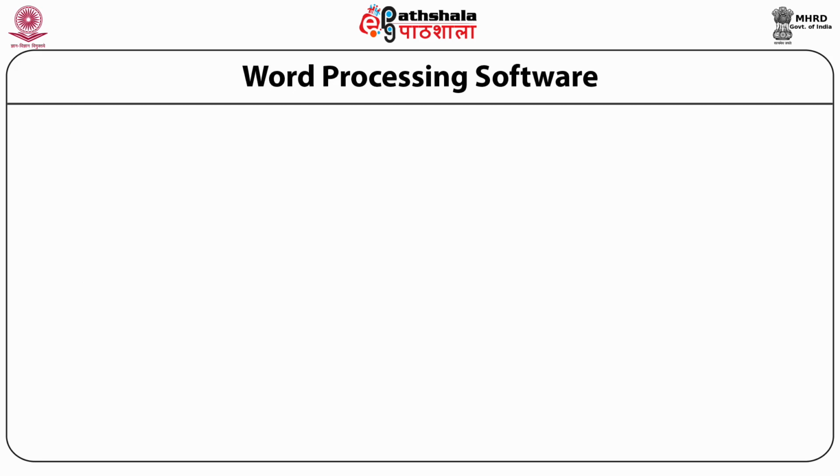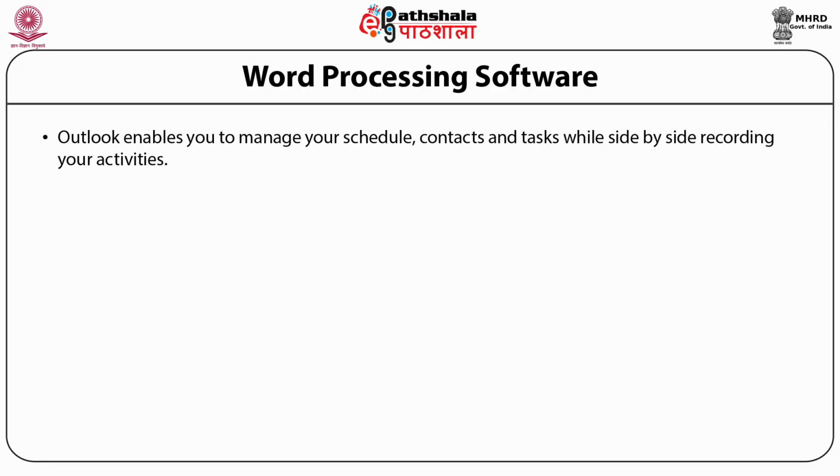Outlook helps you in sending and receiving mails through the internet using the organizational network. It enables you to manage your schedule, contacts, and tasks while recording your activities. Basically, it performs the task of an organizer. The usage of PowerPoint is enormous in the corporate sector.